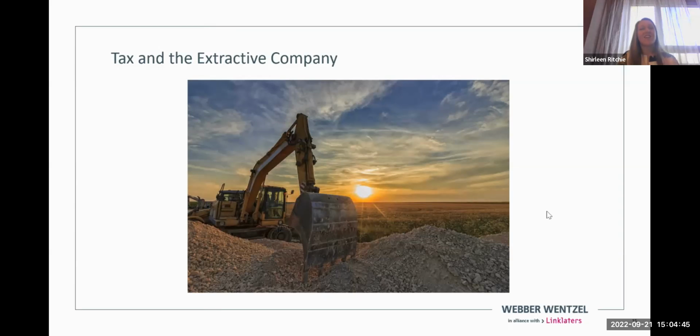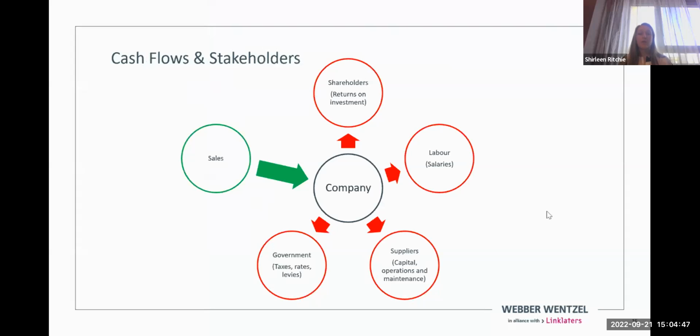So, tax on the extractive company. I've drawn here what I think is an important slide when thinking about corporate taxes, even though it's on the legal company; there are important elements that have to be considered in the context of corporate tax.